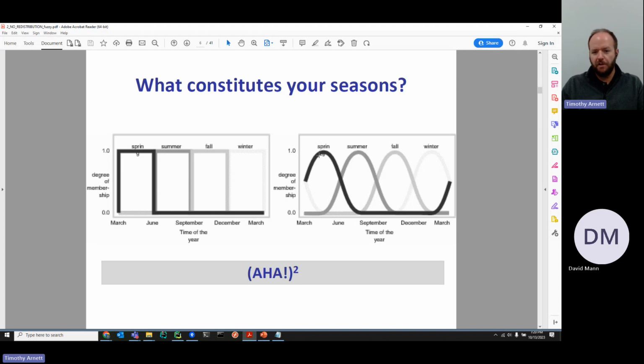On the fuzzy side, we see something that's much more representative of what we actually experience during the different seasons, where you have not just overlap between the sets that describe the different seasons, but you also have these membership functions that describe a continuum of the characteristics associated with that season.